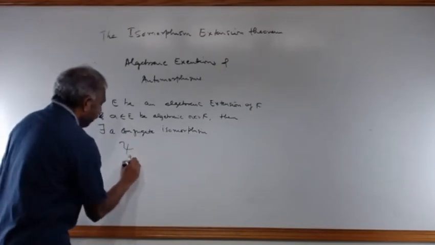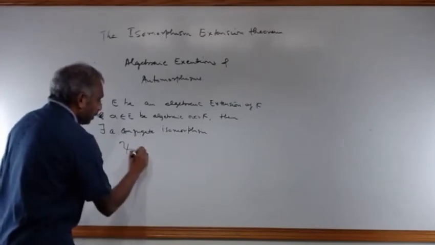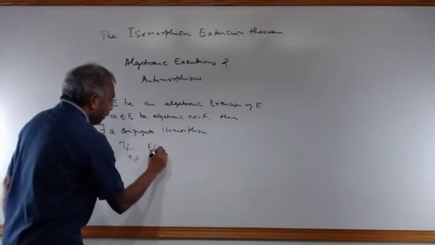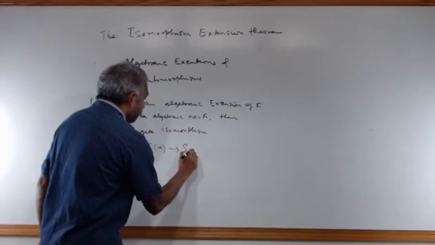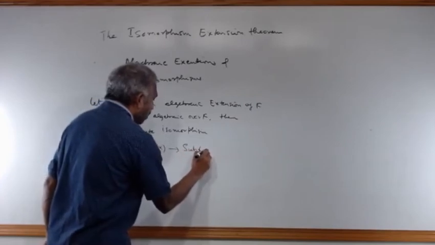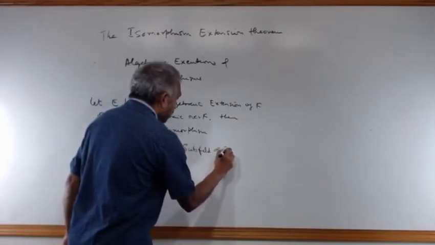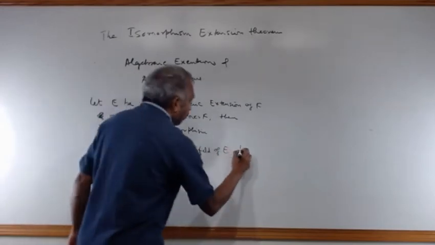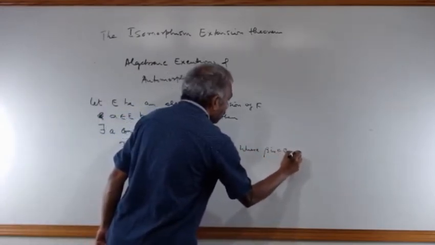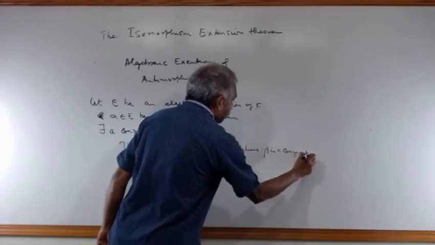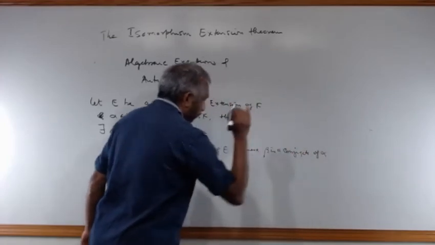denoted by psi alpha comma beta from F(alpha) to a subfield of E, where beta is a conjugate of alpha.